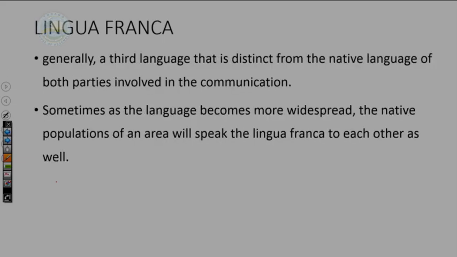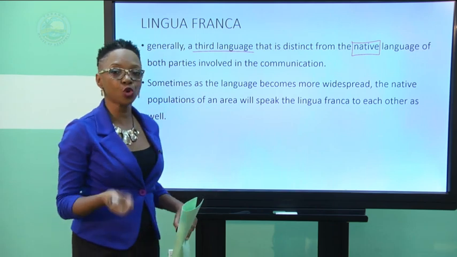What is a lingua franca? A lingua franca is generally a third language that is distinct from the native language of both parties involved in communication. So it's a third language. It's distinct from the native language, and native language here is the language that you grew up speaking.